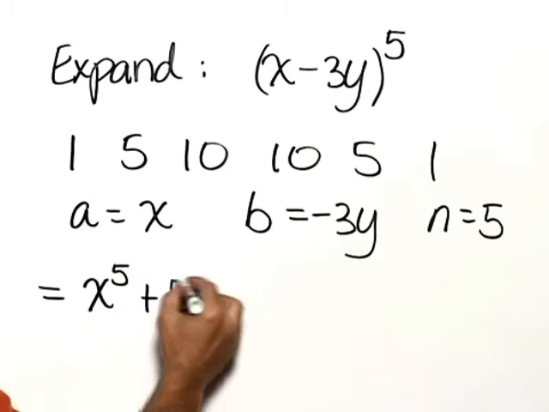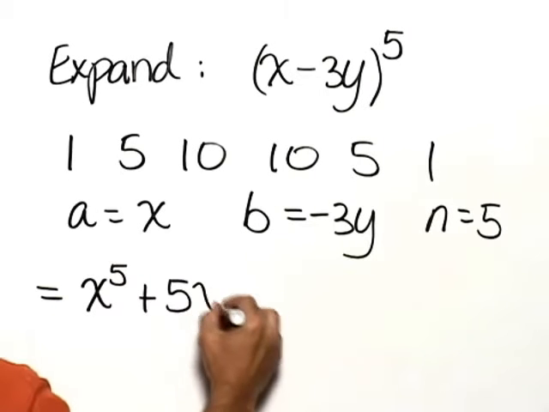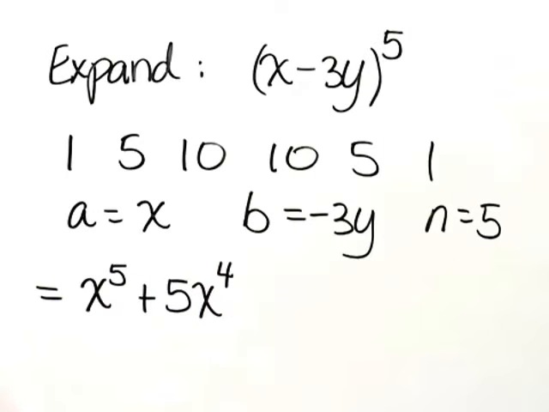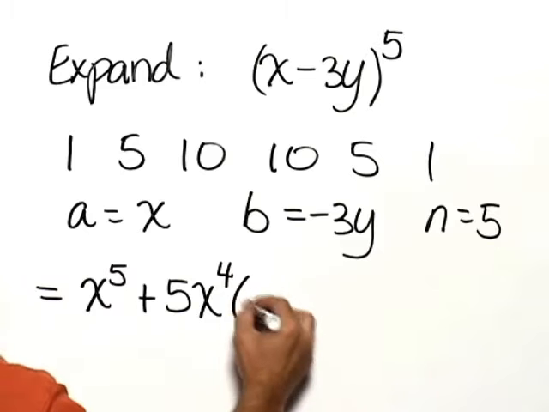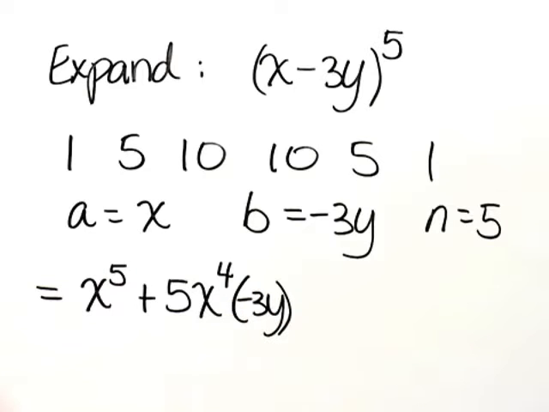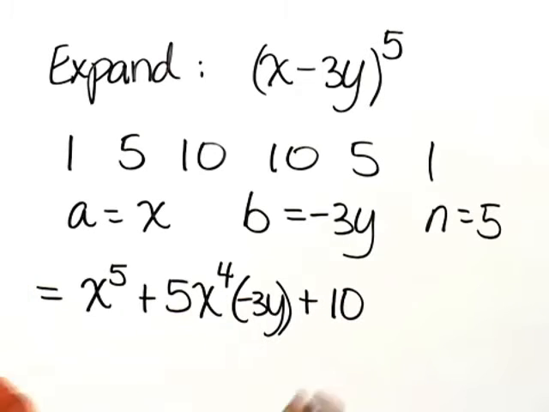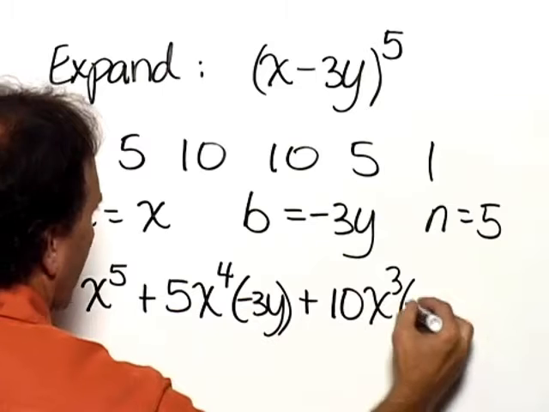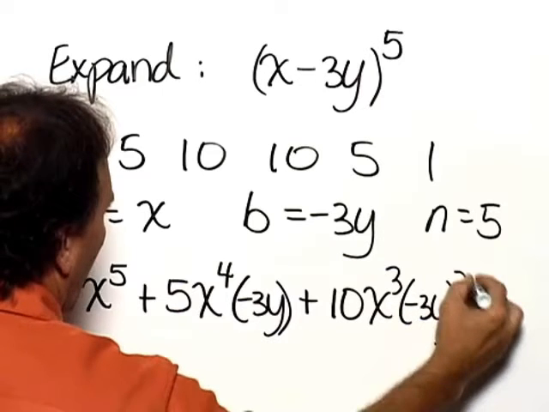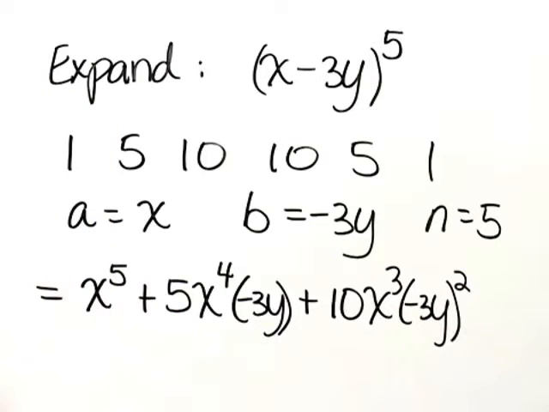Then we have plus 5, and it would be x now to the fourth power times b to the first power, so times negative 3y. Then we would have plus 10 x cubed times negative 3y all squared.